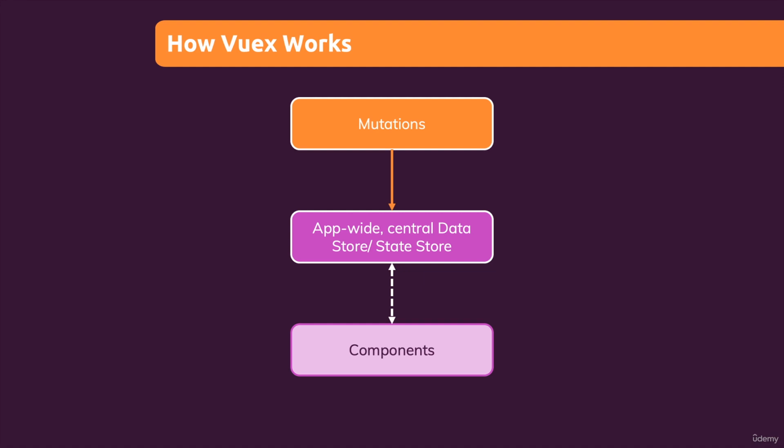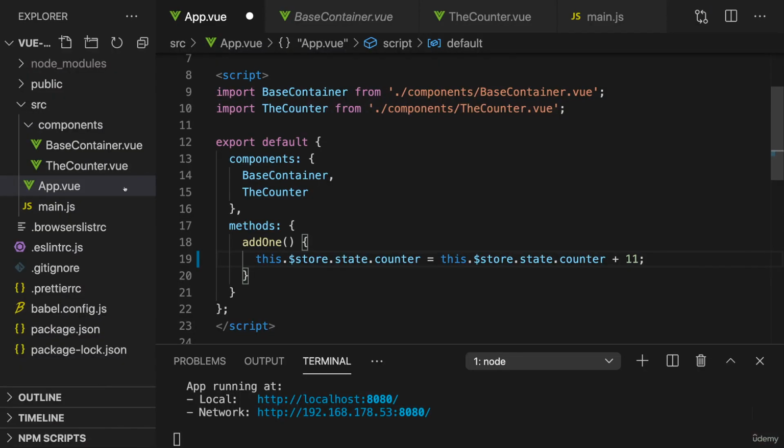Mutations are clearly defined methods which have the logic to update the state. And from inside our components, we should in the end just trigger those mutations instead of directly manipulating the state. By triggering mutations, all components that want to edit a state do it in the same way, and it's guaranteed that they do it in the same way.